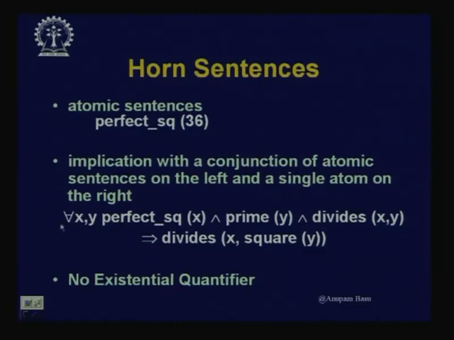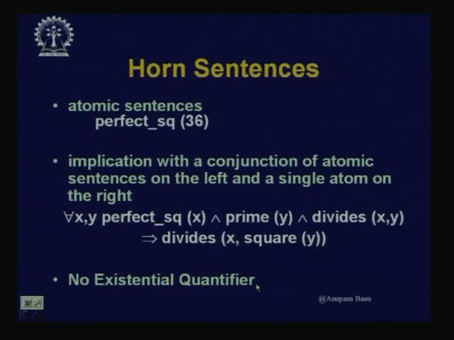So, a sentence like this: for all x y, perfect square x and prime y and divides x y implies divides x square y. That is a Horn sentence. And there is no existential quantifier. There should not be any existential quantifier.